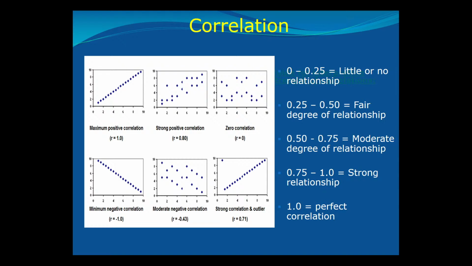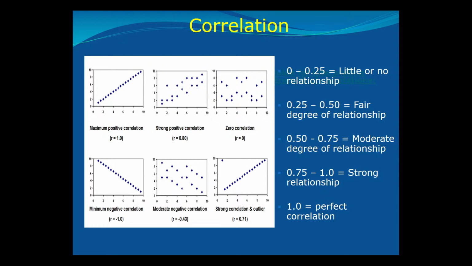In the top middle graph, we have strong positive correlation because R equals 0.8. Look at the graph. All points are scattered but tend to move toward some invisible straight line.